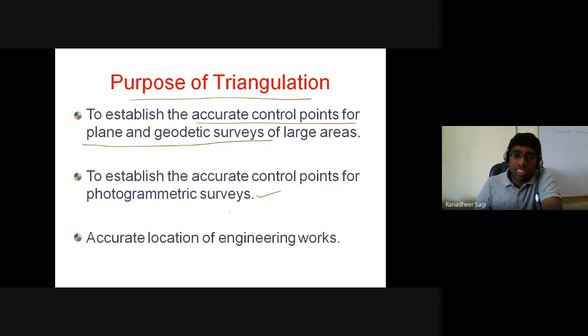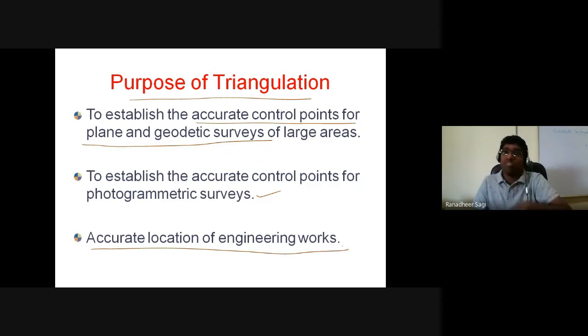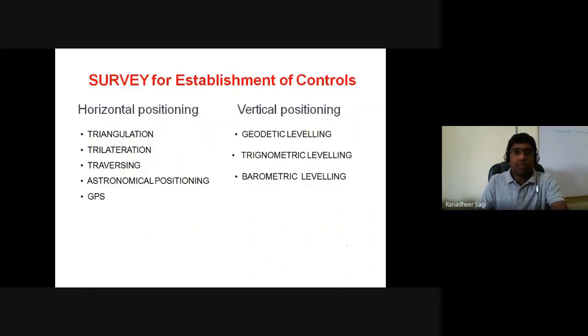Not just for preparation of your control network, even to set out your works, meaning accurate location of your engineering works which you are required to carry out in the field, like the example of tunneling and so on. So in setting out operations also, triangulation is going to be helpful for us.